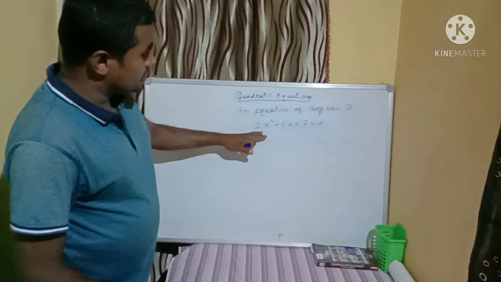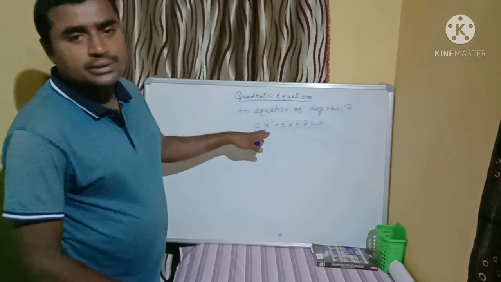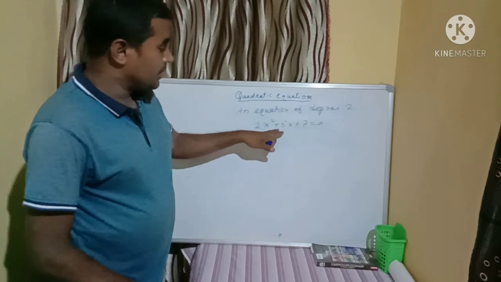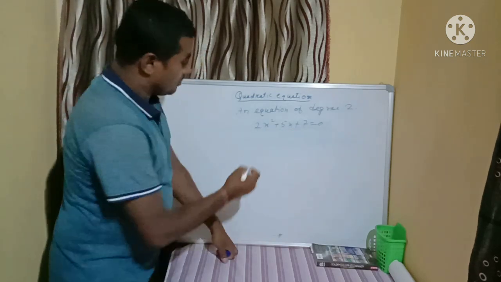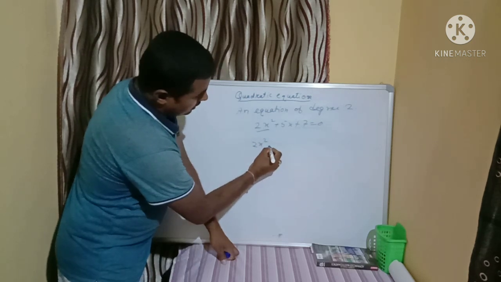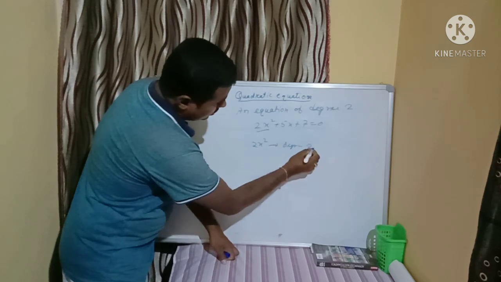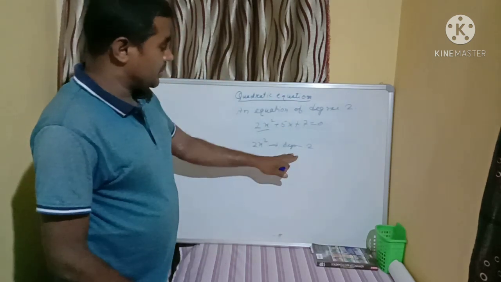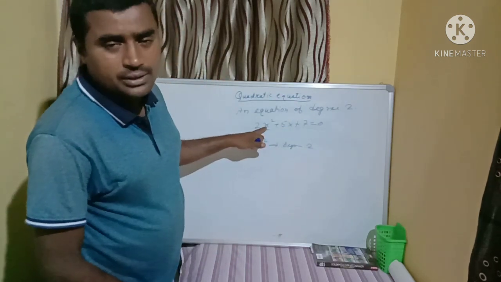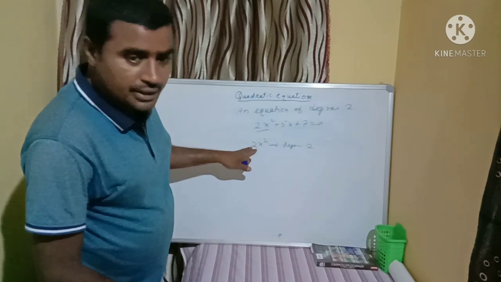Why is this a quadratic equation? First, you see how many terms this equation has. We have 3 terms. The first term is 2x square. The degree of the term 2x square is 2, because the maximum power of the variable is 2. That is called degree.